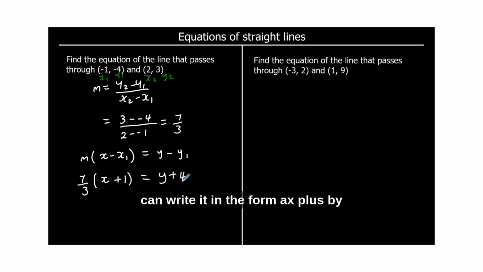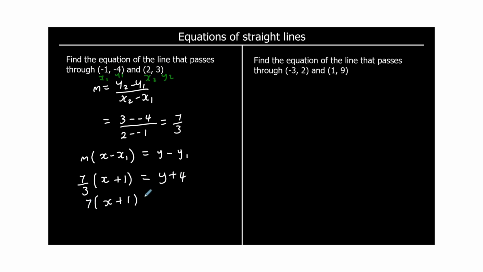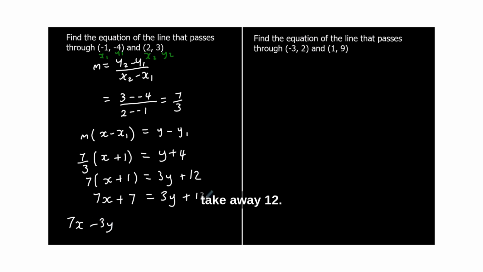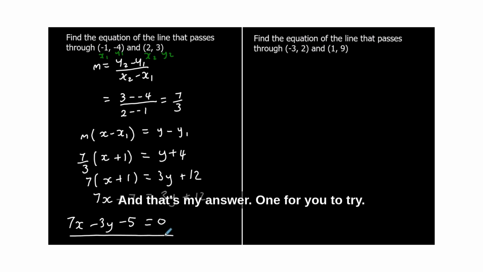We can write it in the form ax plus by plus c equals 0 by timesing by 3, expanding the bracket, and moving everything over to the same side. So move it all to the left side. I want the x to be positive, so I'm going to take away 3y and take away 12. And that's my answer. One for you to try. Pause the video and give it a go.